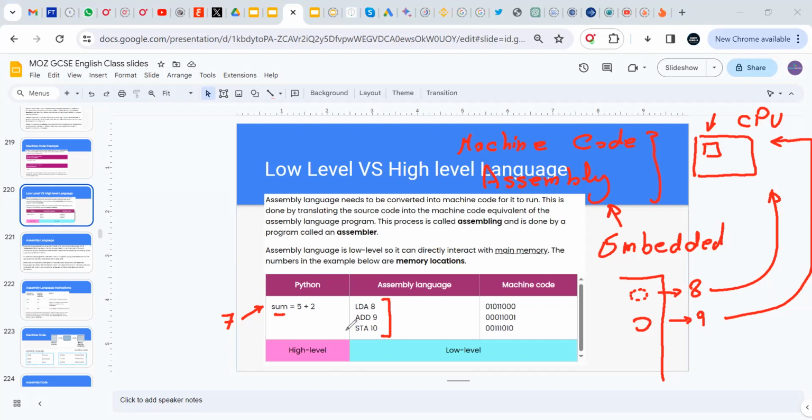And STA is telling it to store the addition of whatever you find in 9 and whatever you find in 8 in the address that is called 10. So he will get whatever he finds here and here, add them in the processor using the CPU, and store the result here. So actually, these 3 lines are equivalent to that.